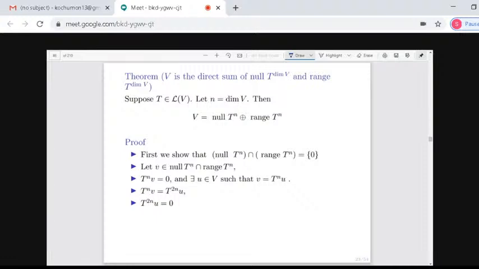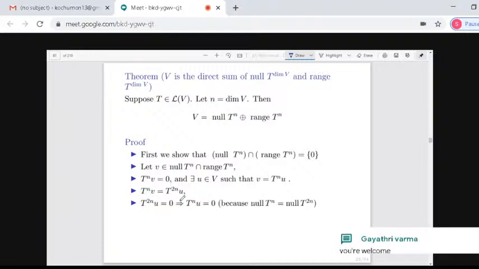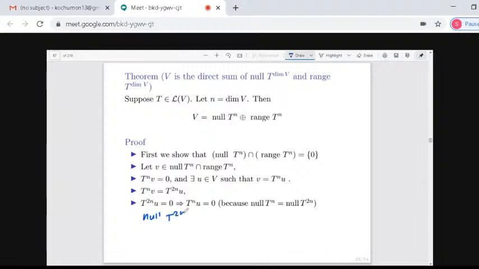T to the power n v was 0, so T to the power 2n u is equal to 0. That means T to the power n u is equal to 0, because we know that the null space of T to the power 2n is equal to the null space of T to the power n, which we have already seen in the previous slide. So we get T to the power n u is equal to 0.